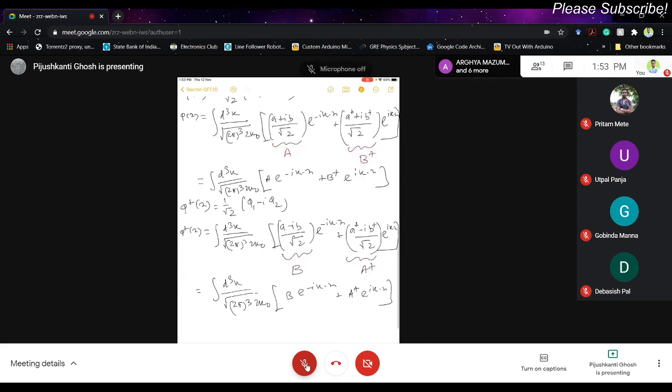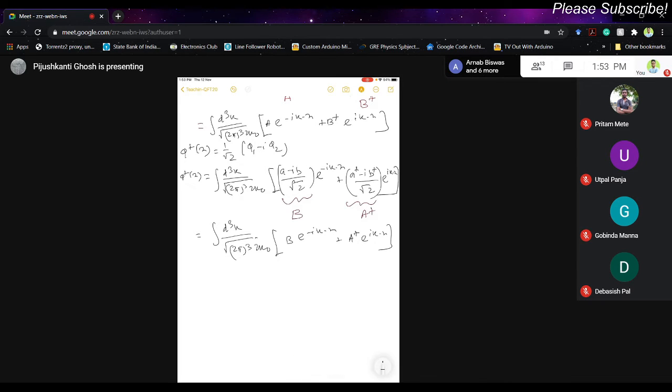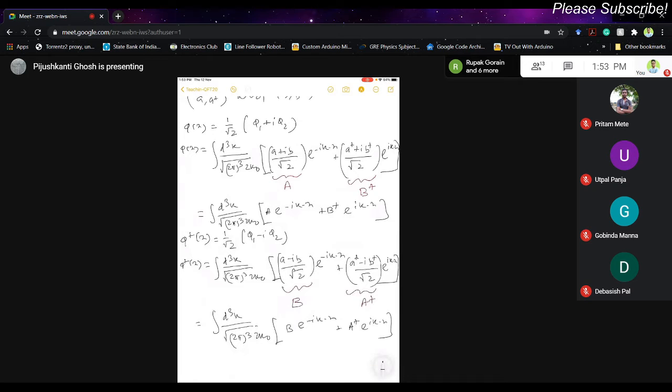Okay. Now we know the commutation relations of small a. Now we have defined four operators, basically two operators, A and B, and their adjoints, A dagger and B dagger. Since we know the commutation relations of small a and small b and their adjoints, we want to find the commutation relations satisfied by capital A, capital B, and their adjoints.